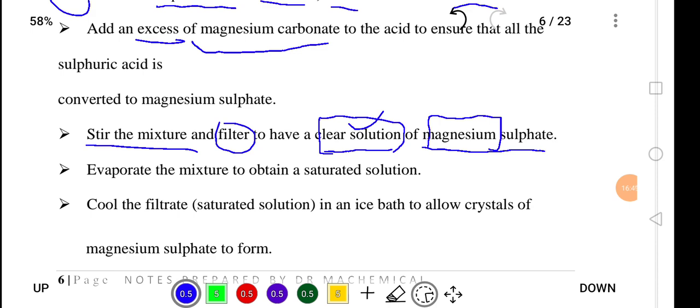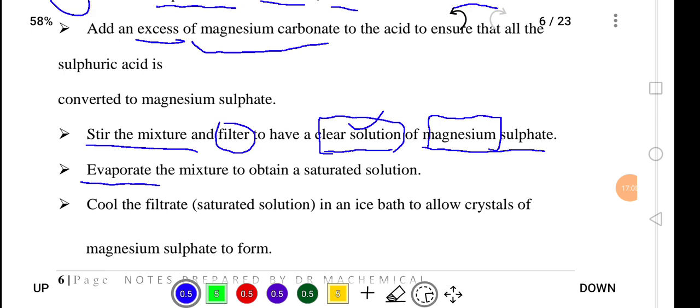Since we are interested in the solid magnesium sulfate, we need to continue to the second stage, where we are going to evaporate excess water from the clear solution of magnesium sulfate.